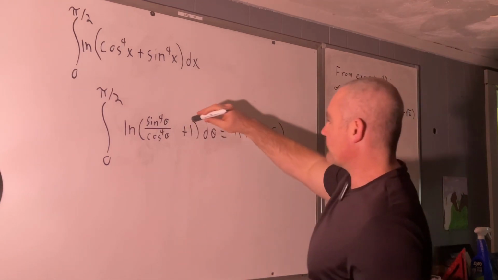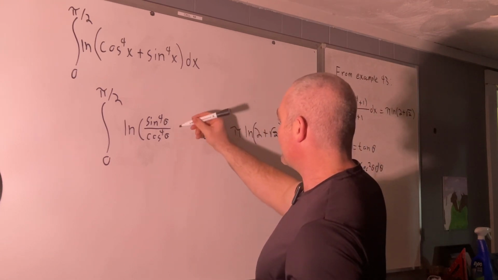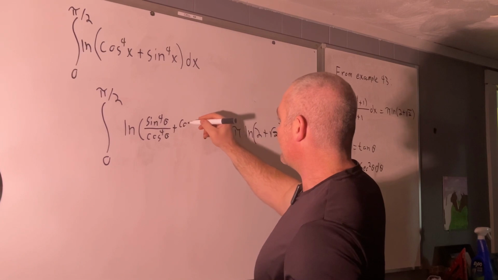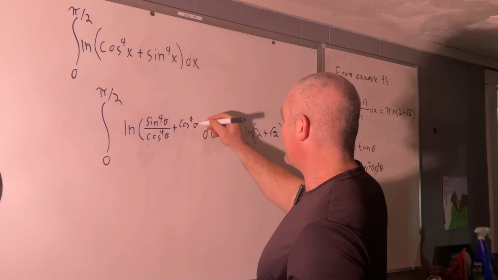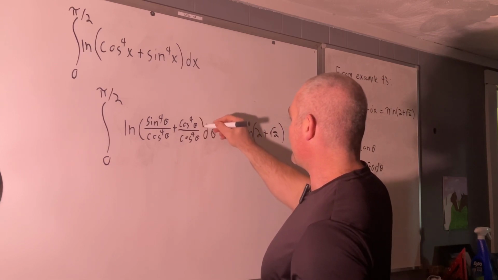And we can rewrite this 1 as cosine to the fourth theta over cosine to the fourth theta.